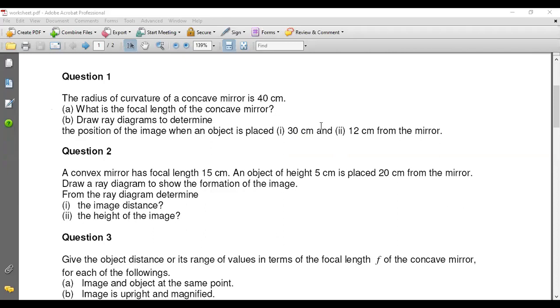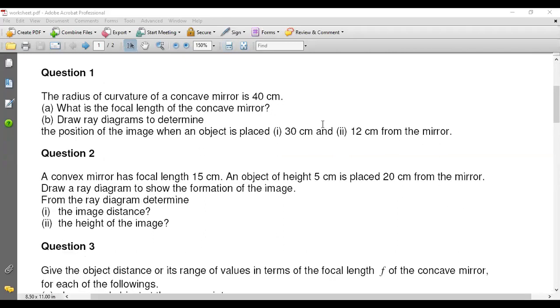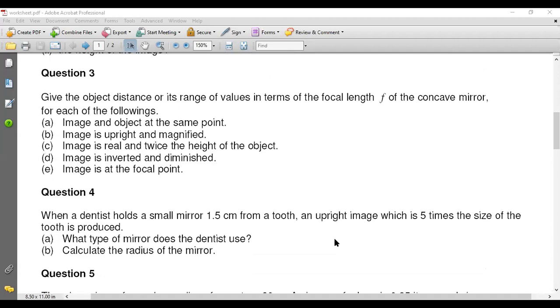Question 1. Question 2. Question 3 and question 4.